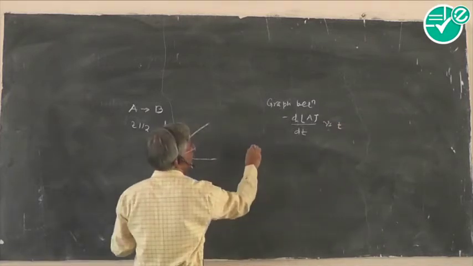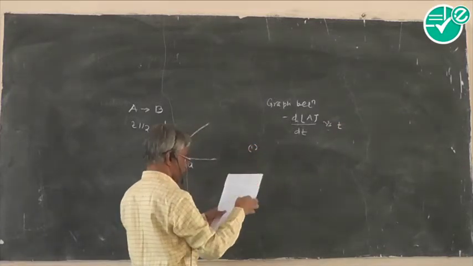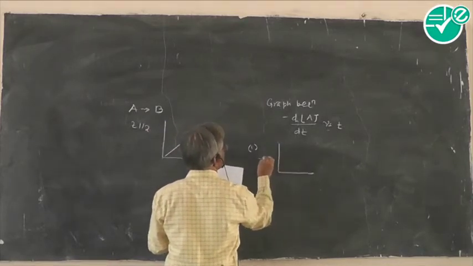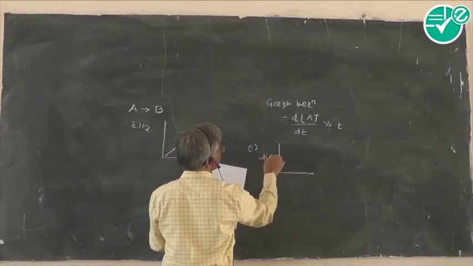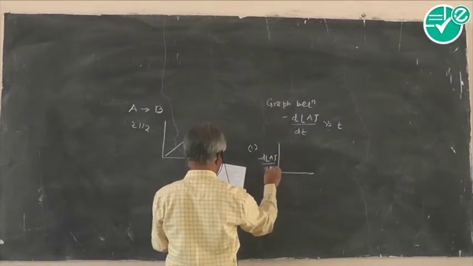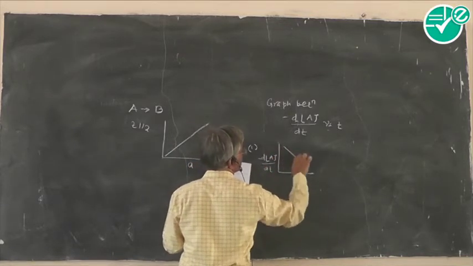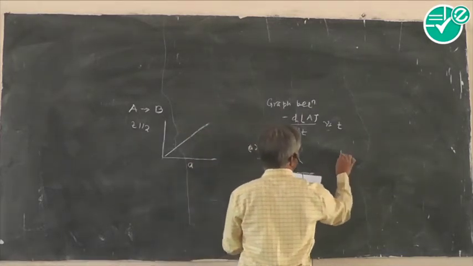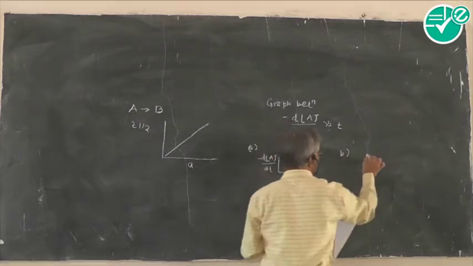The alternatives: first, the graph is like this, minus d[A]/dt against t. This is given as A. The B which has been given is like this.